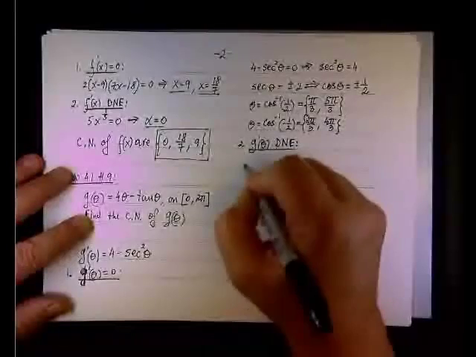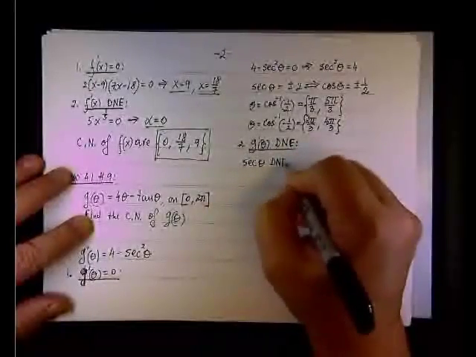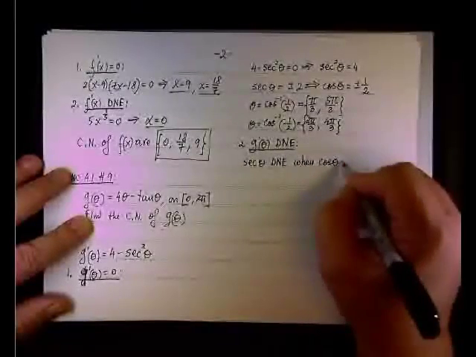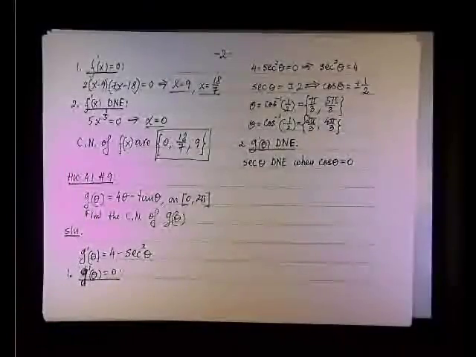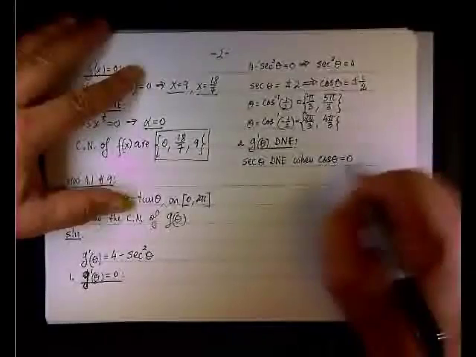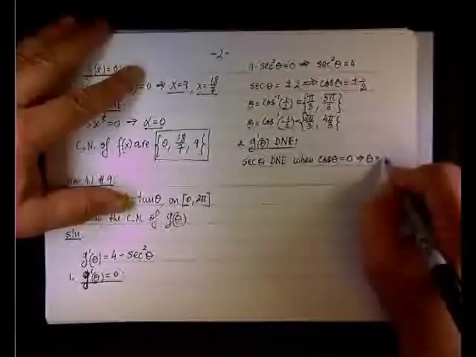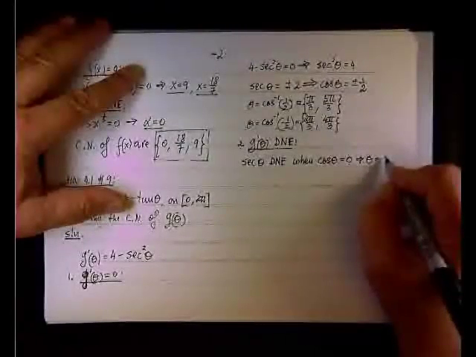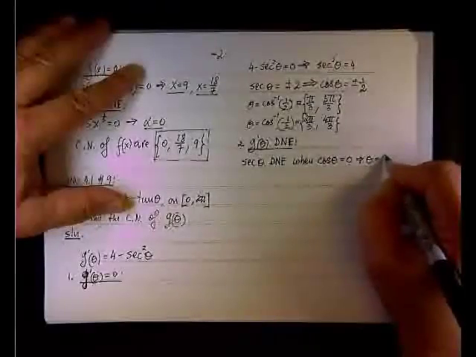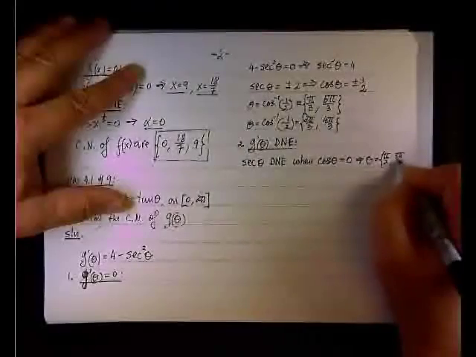And we're going to say that secant theta does not exist when what happened to the cosine? Equals 0. And the cosine equals 0 where? Pi over 2 and 3 pi over 2, right? 90 degrees and 270. So it will be pi over 2 and 3 pi over 2.